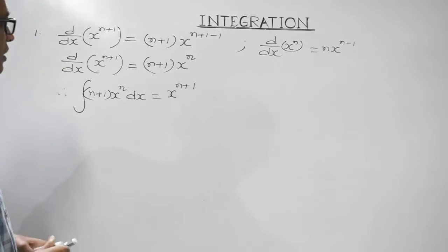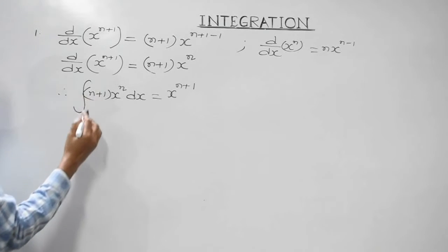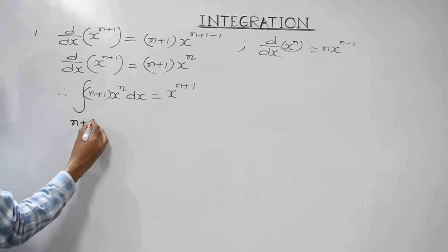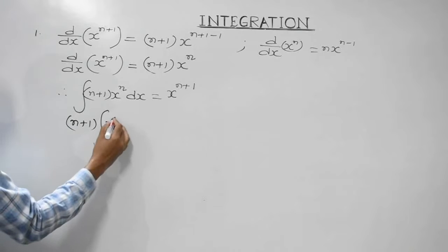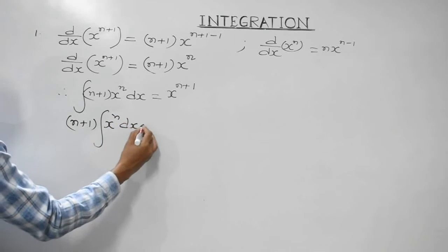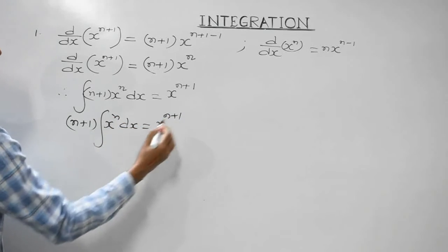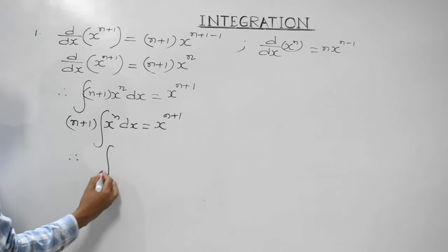Clear, students? And also, n plus 1 being a constant, it can be written like this, divided by n plus 1. So, this is the first formula for integration.